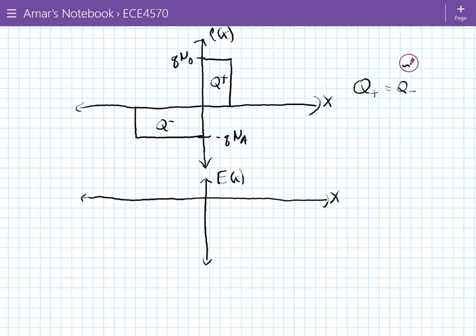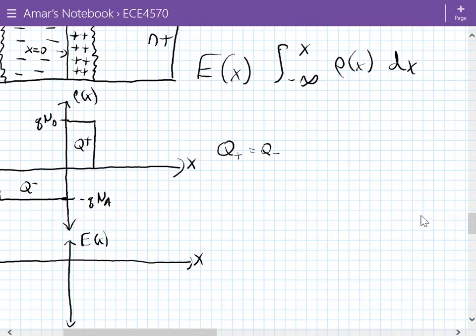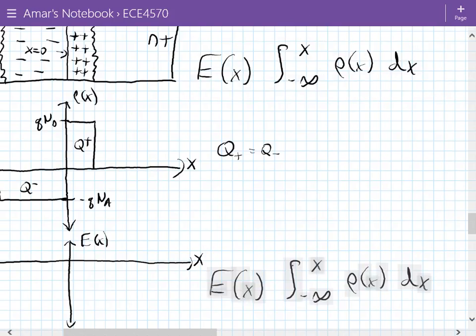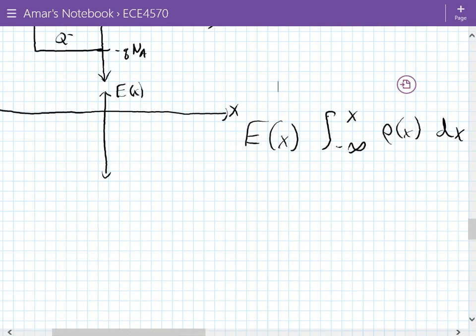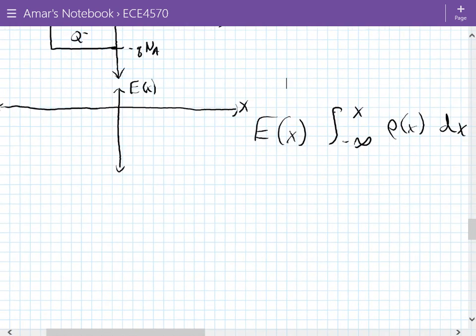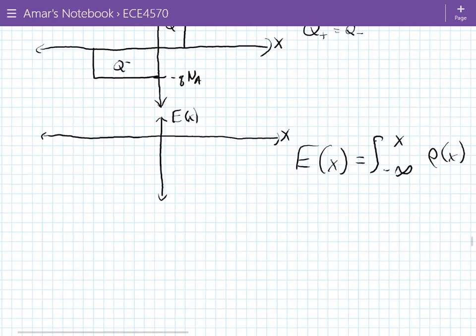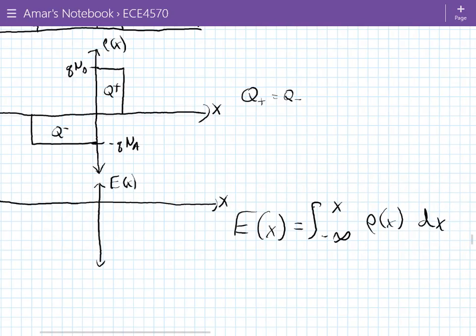Let me just drag this thing down here. The electric field is equal to this formula: E of x is equal to the integral from negative infinity to x of rho of x dx. So what does that mean? Integral means we're looking at the area under the curve.